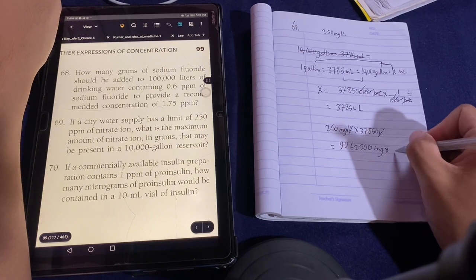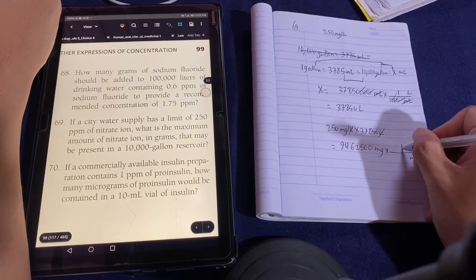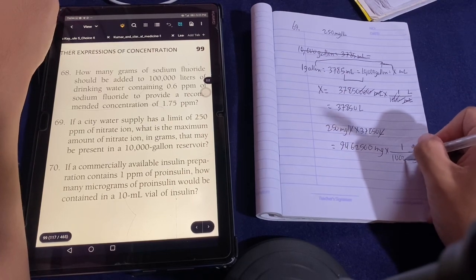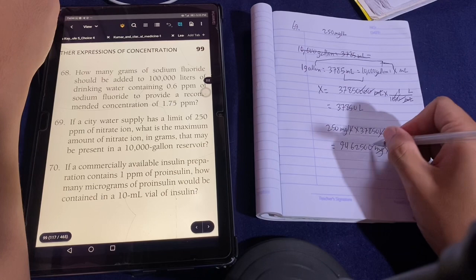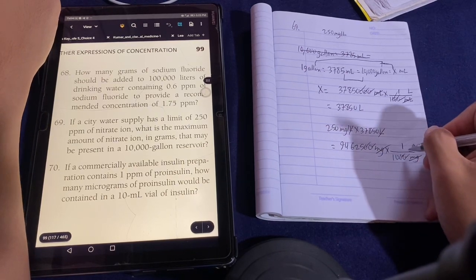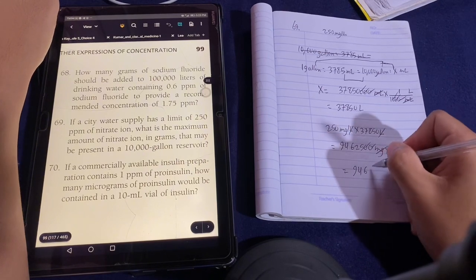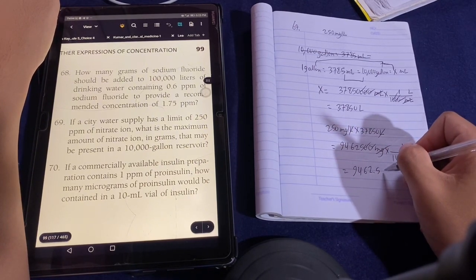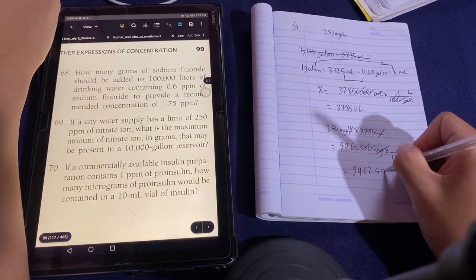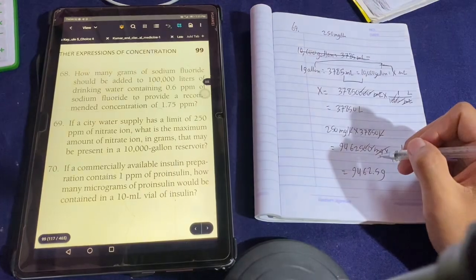So in order to do that, milligrams dito sa baba, grams sa taas, 1, then 1,000 dito, then ito ma-cancel out siya with this, then 0 and 0 ma-cancel out siya with this. So ang makukuha natin is itong number, which is in grams. So that's the answer for number 69.